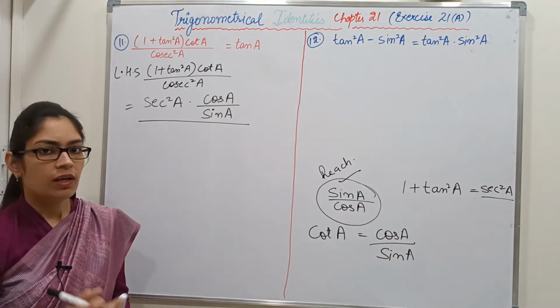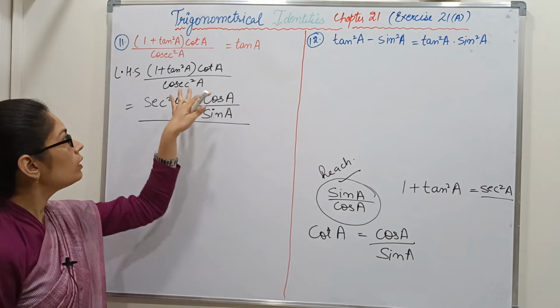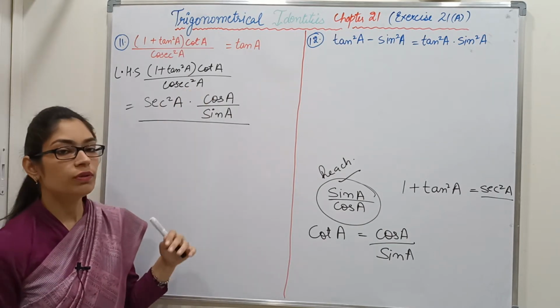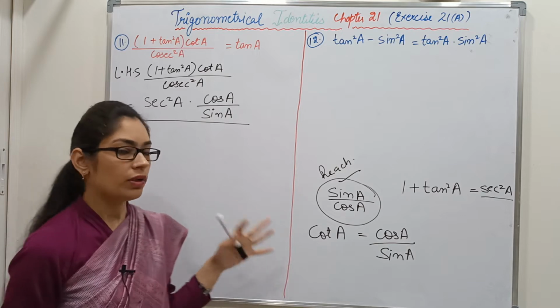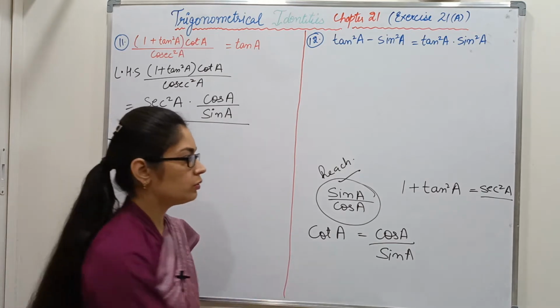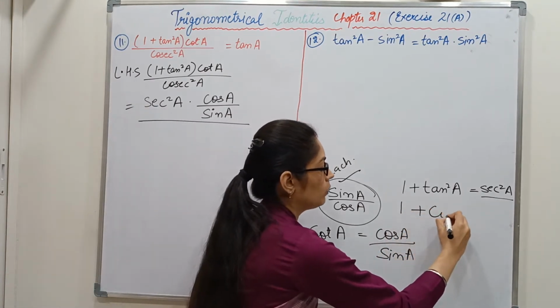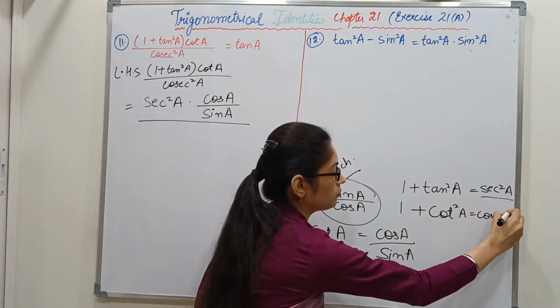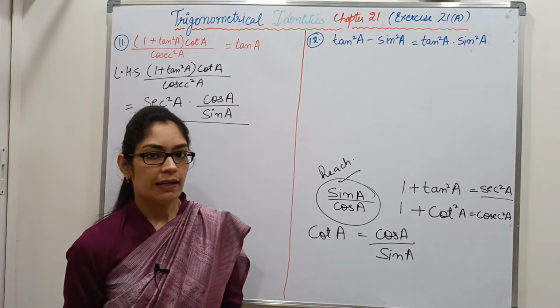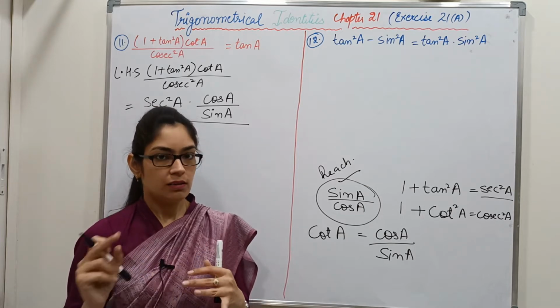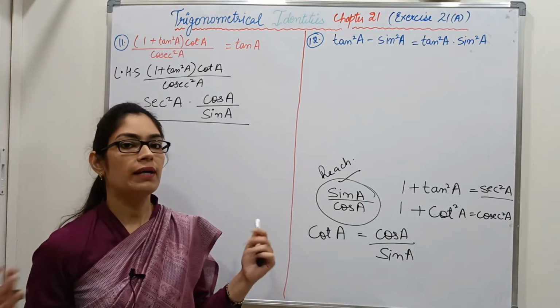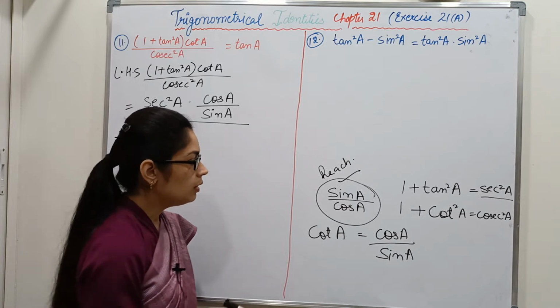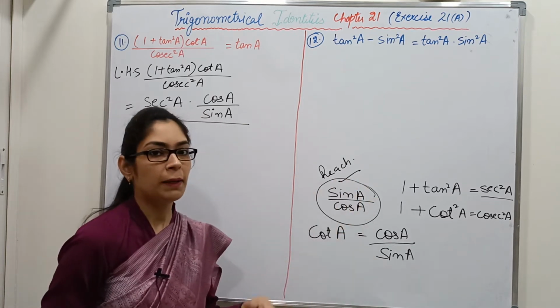Cosecant square A. Let's see the square relations. If I see the square relation, I know 1 plus cot square A is equals to cosecant square A. But the thing is that we are changing this to sin and cos form. And why are we changing it to sin and cos form? Because this is my destination.